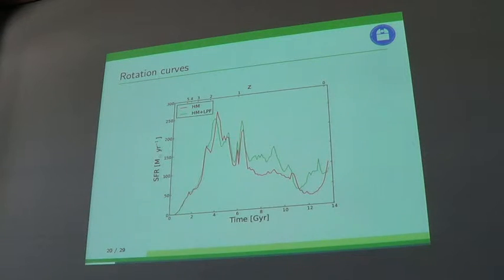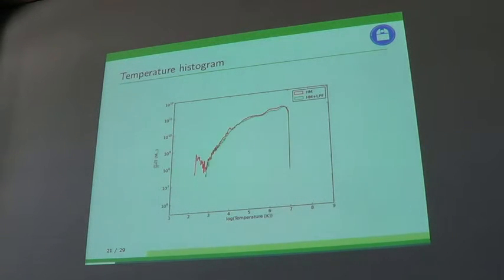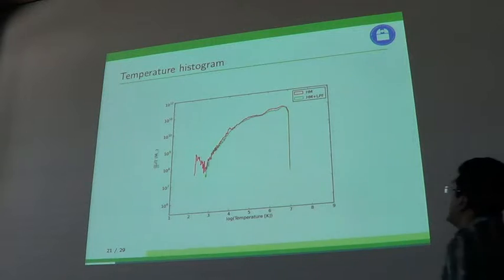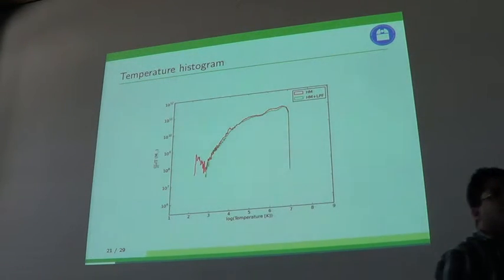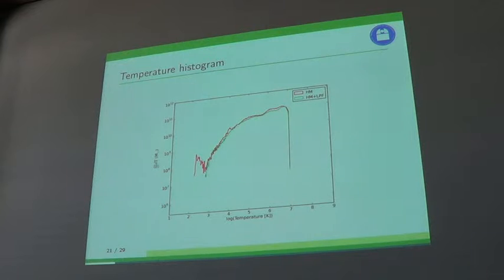I haven't analyzed the simulation much yet, but I think the point here is that you just get rid of the cold gas and you do not change the halo temperature much. And so what you're basically doing is building external pressure, building pressure in the disk.